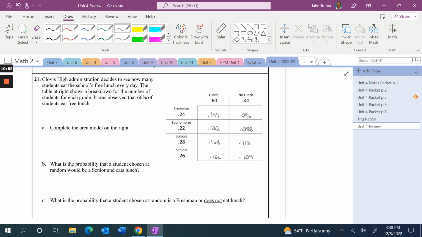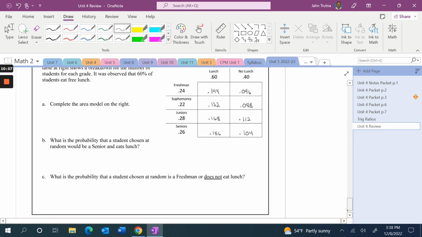Now, part B, what is the probability that a student chosen at random would be a senior and eats lunch? So what we're looking for in this problem is we're going to our area model and finding the one combination. When you have the word and, it means there's only going to be one combination in your area model. We're finding the one combination of a person who is a senior and also eats lunch.